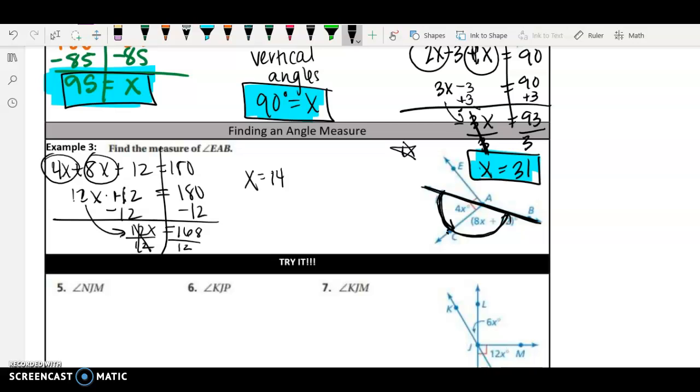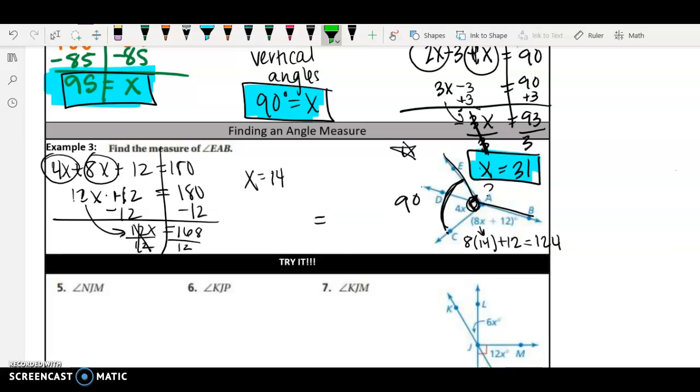So now what I know is when I spin all the way around, that's spinning from here to here, which is 180 degrees, plus from here to here, which is another 180 degrees. So that gives us 360 degrees total. And I also know that I'm solving to figure out what this angle is. I know that this angle here is 90, so now I just need to figure out, well, what is this one? So 8 times 14 plus 12 equals 124.